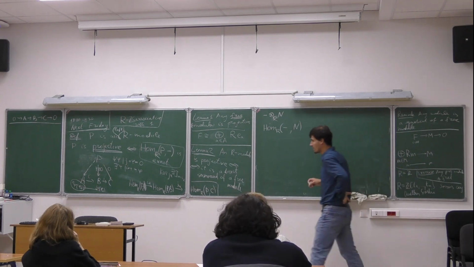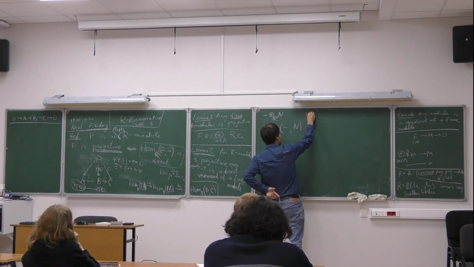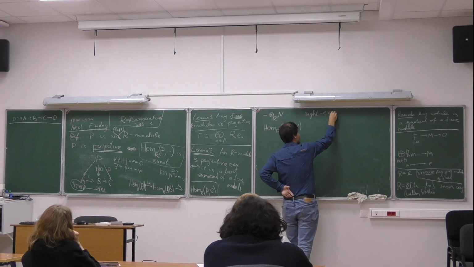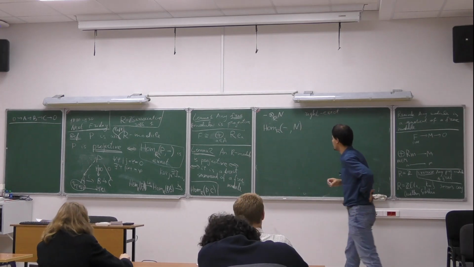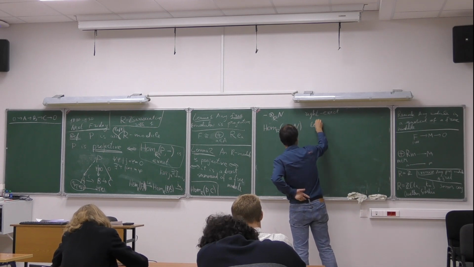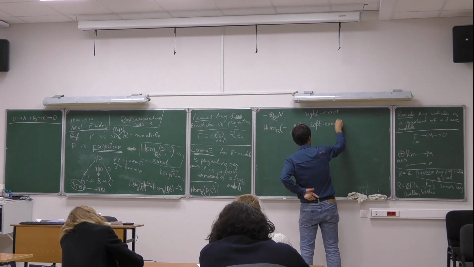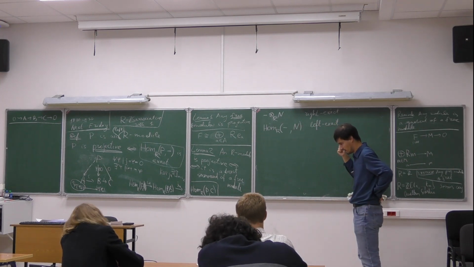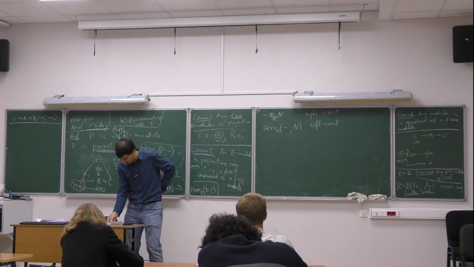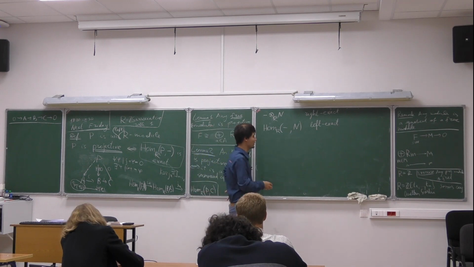And then the claim is, this is a rather well-known fact, but I would like to remind you, that this one is a right exact functor, and this one is a left exact functor. I will remind what it means, and I will leave this as an exercise for those who don't know this.